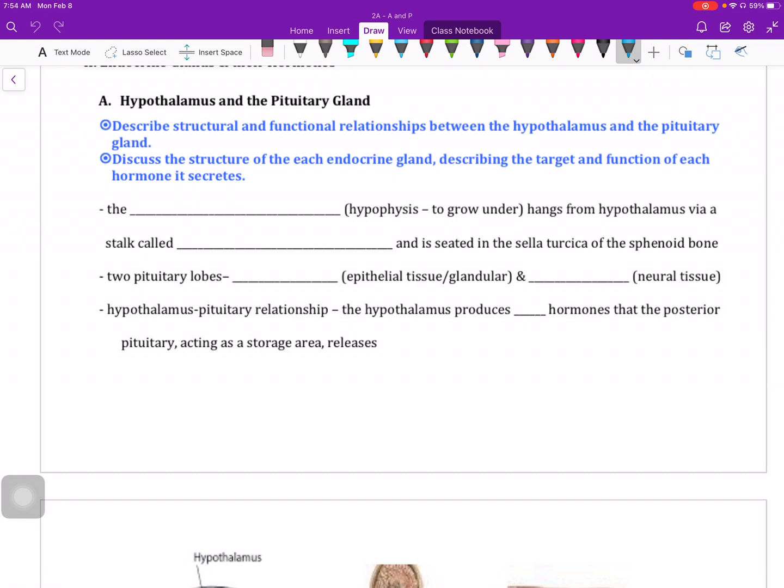Your pituitary gland, also known as the hypophysis, to grow under, hangs under the hypothalamus via a stalk called the infundibulum.